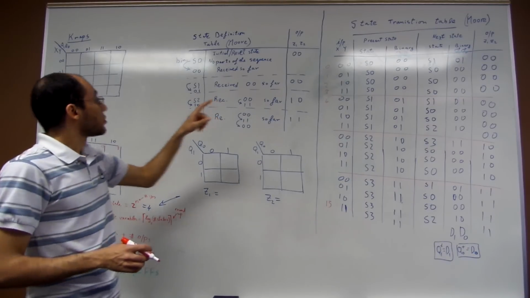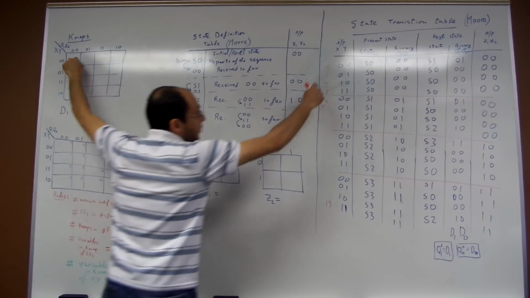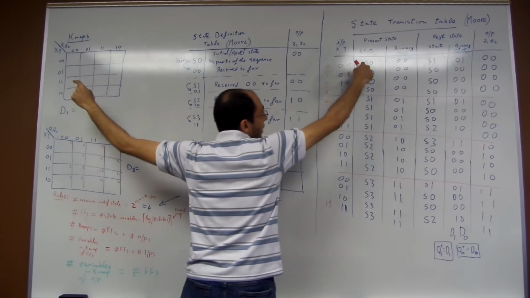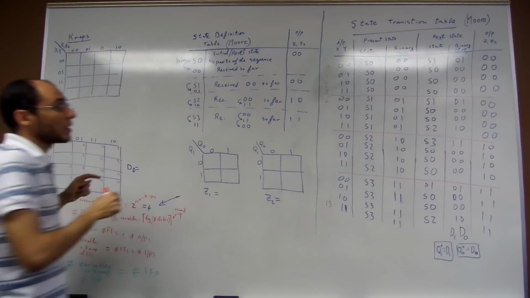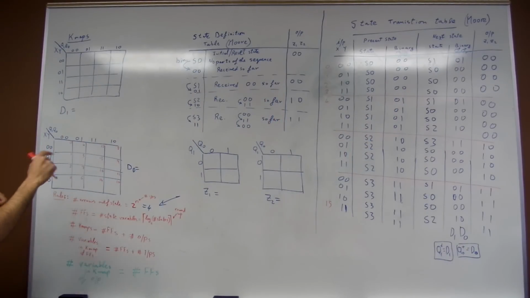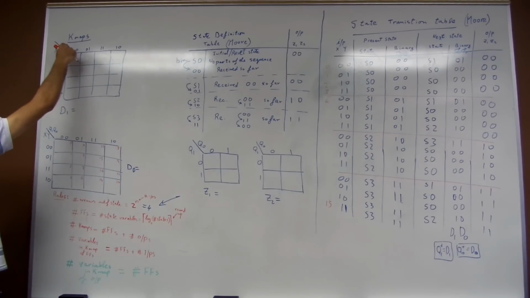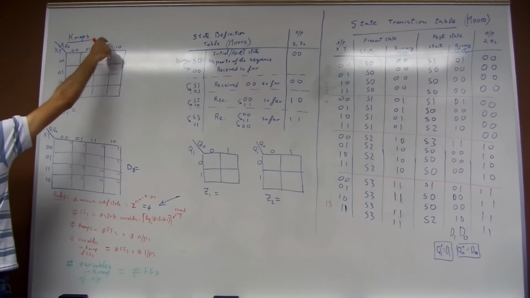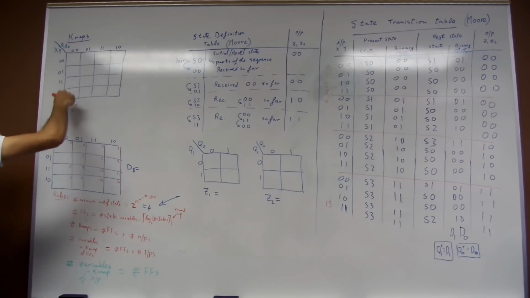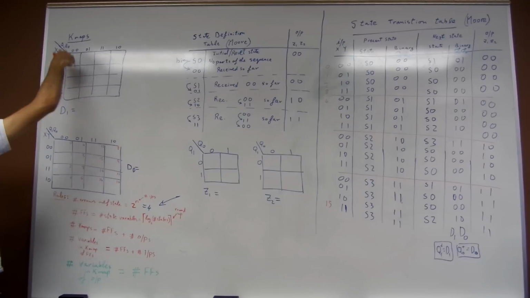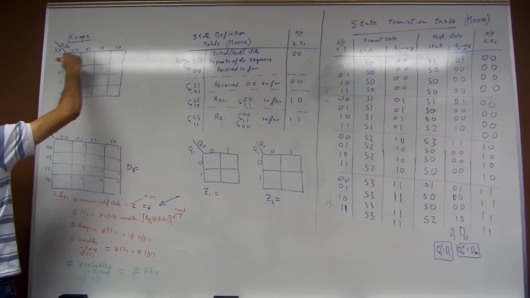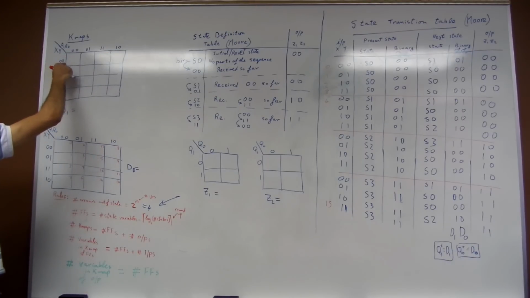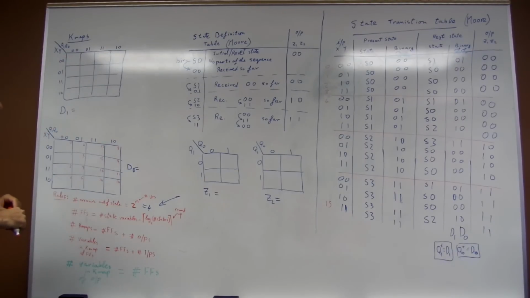Okay. 0, 1, 2, 3 is S0, S0, S0, S0, which means 0, 0 for all of them. So the binary values are constant. The Q1 and Q0 are constant. We have Q1 and Q0 as 0, 0, 0, 1, 1, 1, 1, 0. So this column represents 0, 0 for Q1, Q0. But this row represents a constant value for X and Y, which is not the case.